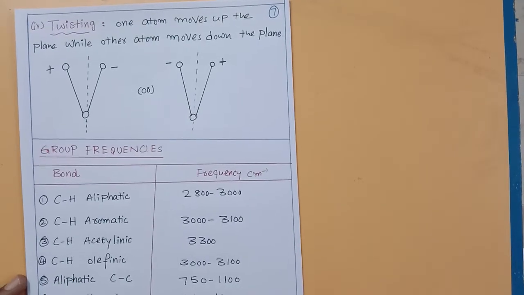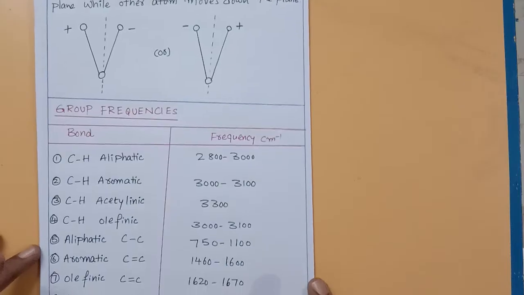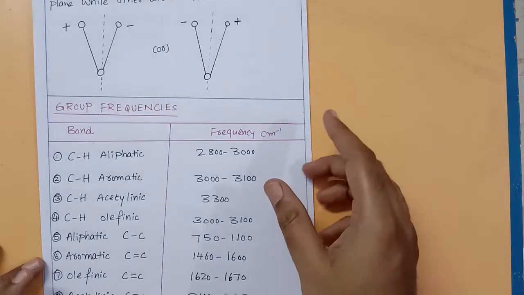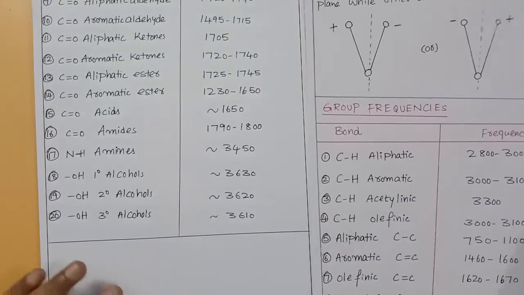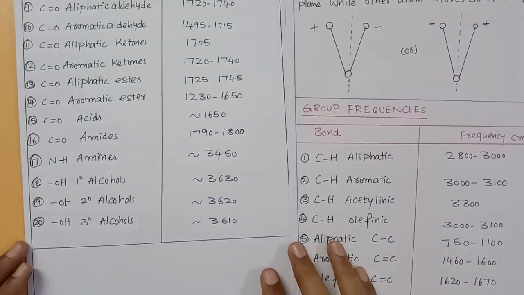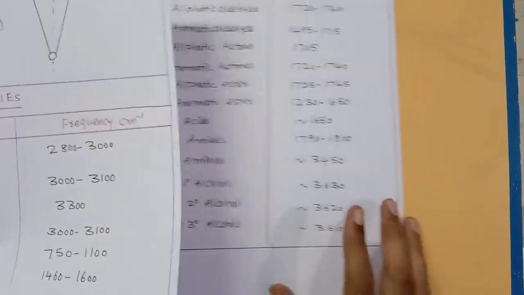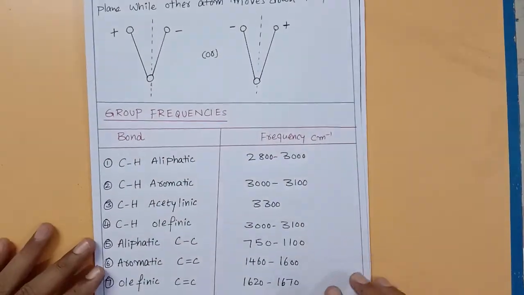Okay, then let us see the group frequencies. So in this slide, and in another slide, I have written about 20 bond vibrations. Okay, right. So let us see some of them.